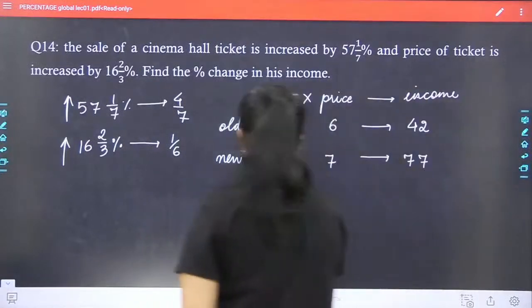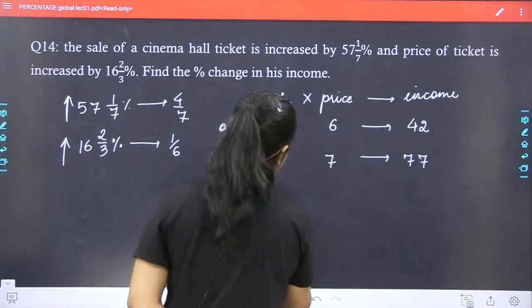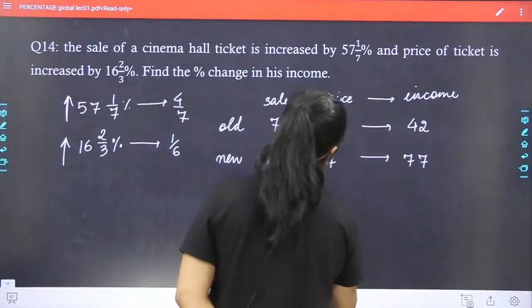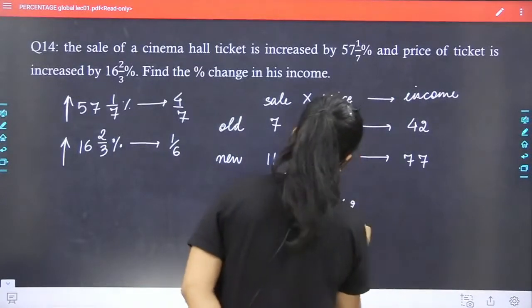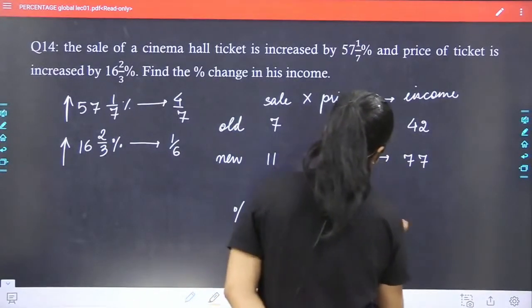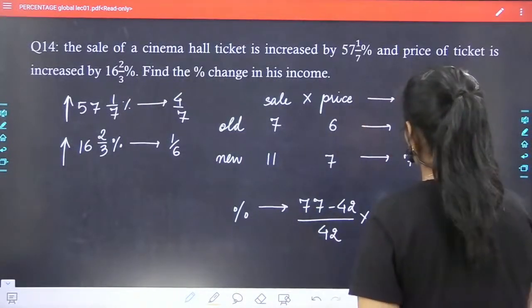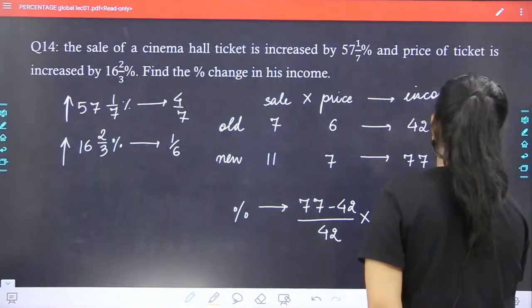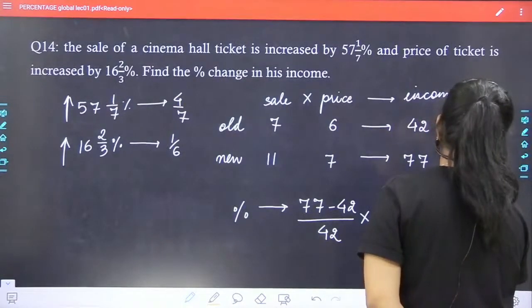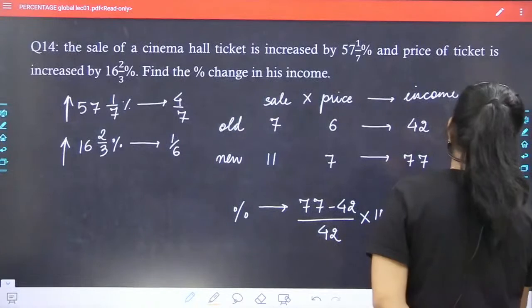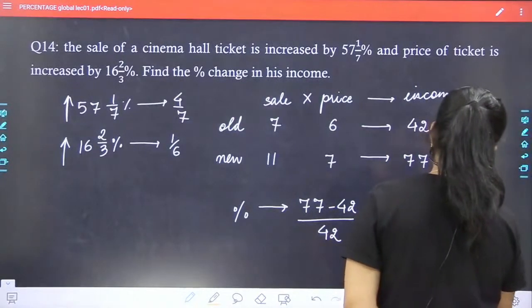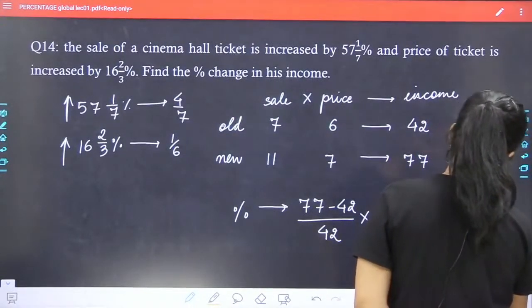If I calculate the percentage change, 35 by 42 into 100, 5 by 6 into 100.